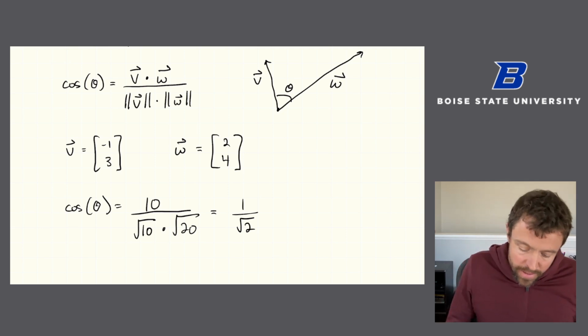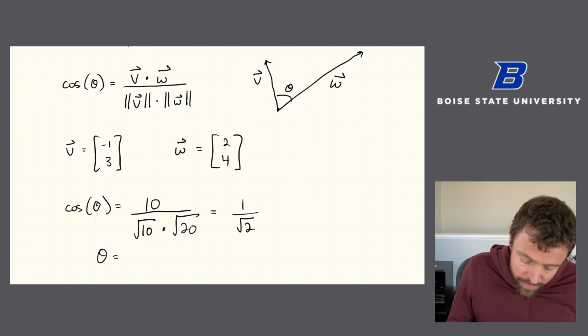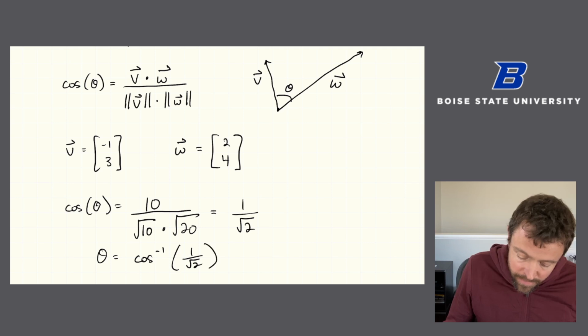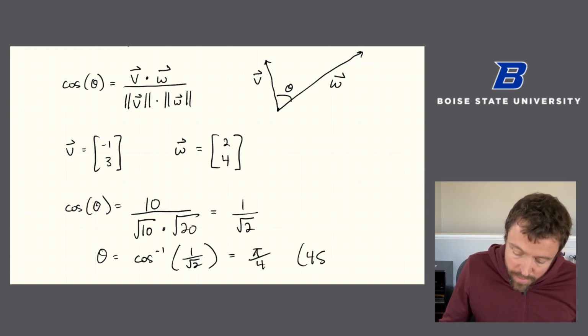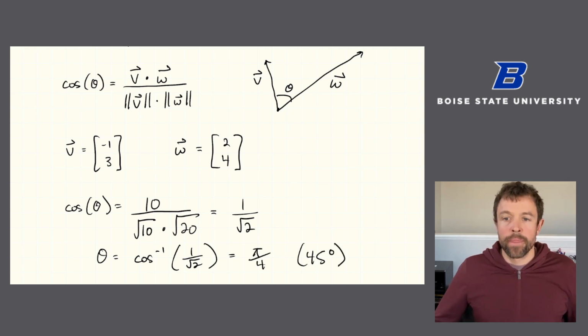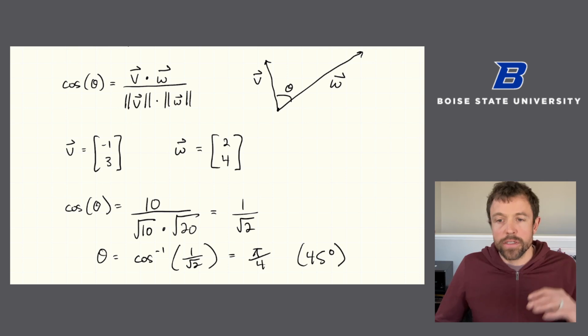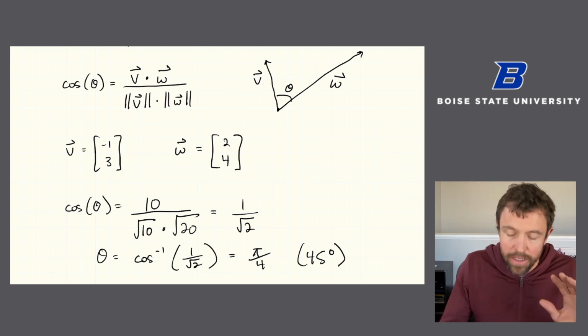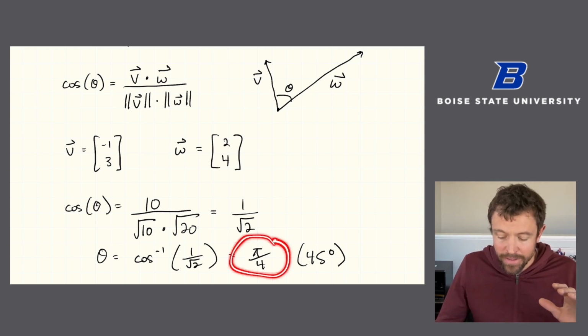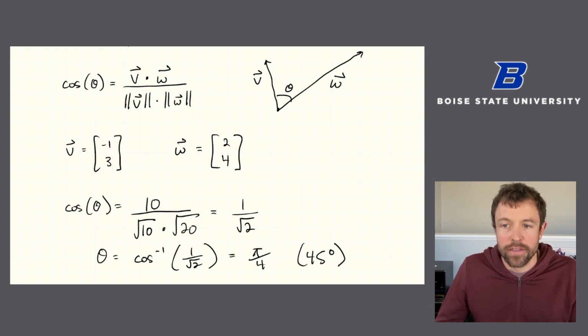The arc cosine of this, or the inverse cosine of this, is pi over 4, or 45 degrees. This may just be me, but personally, radians is useful for calculation.